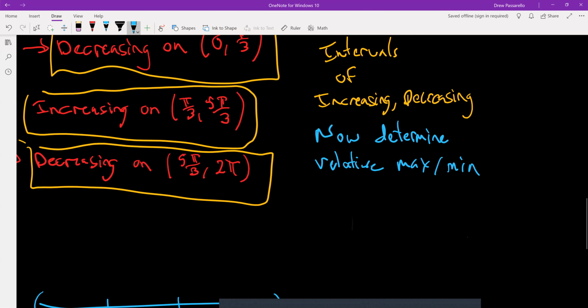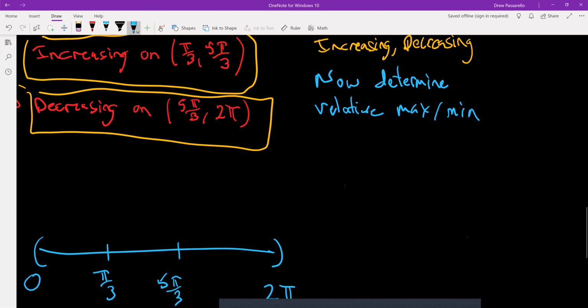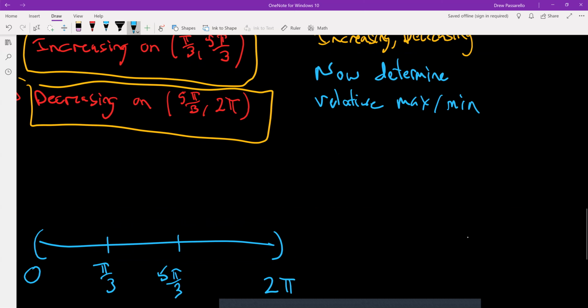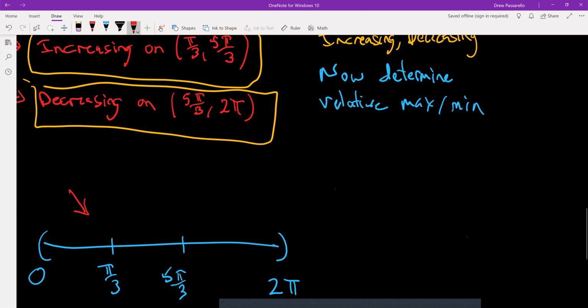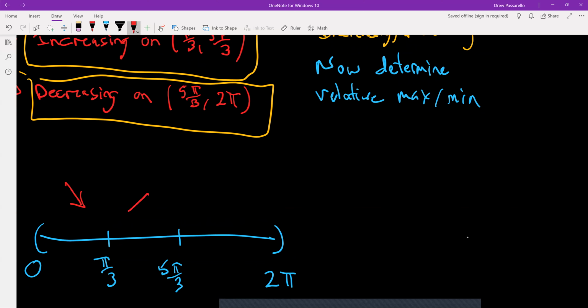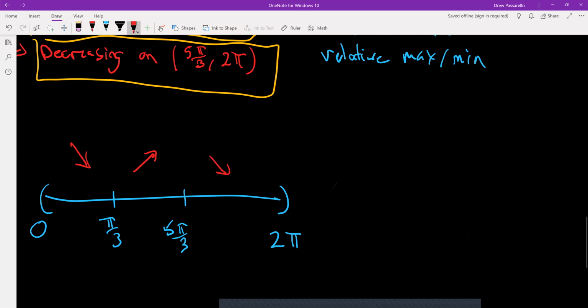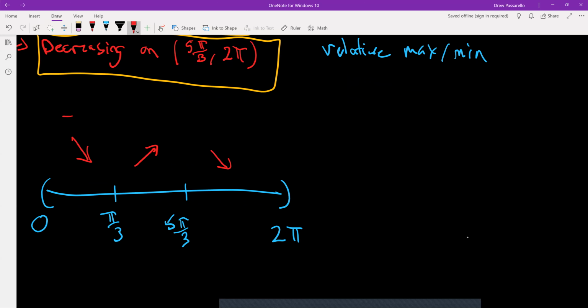We know for the first interval it was decreasing from 0 to pi over 3. So I like to draw an arrow down here to designate it's decreasing within that interval. Then it goes increasing from pi over 3 to 5 pi over 3, so I do an up arrow. And then it goes back to decreasing. All right, so it's negative, positive, negative for its derivatives. I drew the arrow down for decreasing and up for increasing.